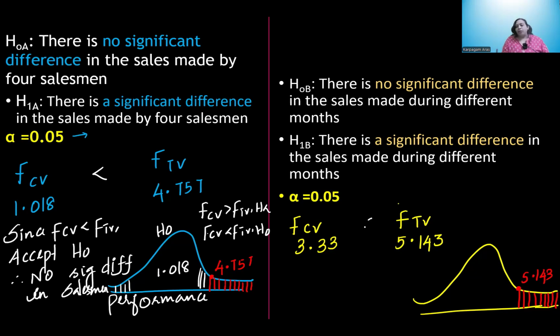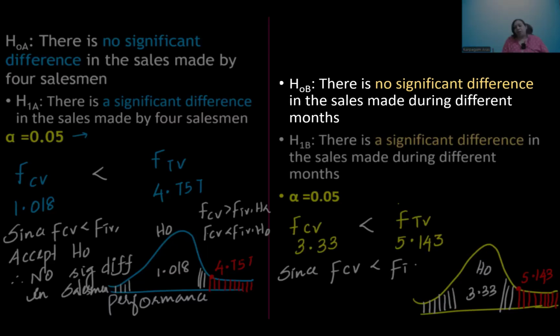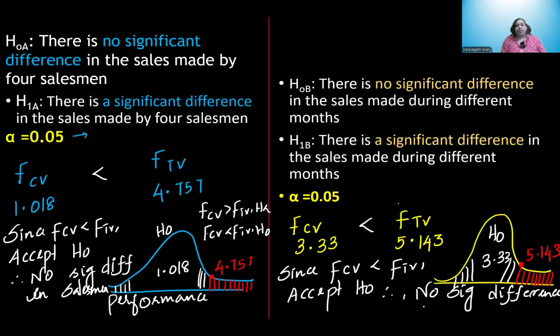The F calculated value is 3.33, lesser than the F table value. It is not outside the critical region, it is within the region. So we are accepting H naught. There is no significant difference in the sales made during the months.